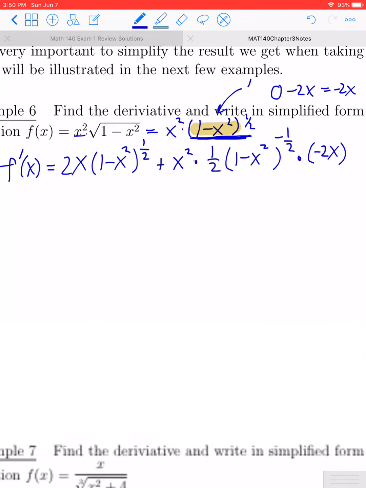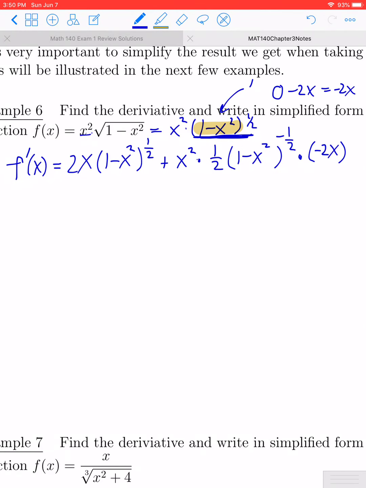So this is what we get. Now it's a matter of trying to see if we can simplify this thing. So f prime of x equals 2x times 1 minus x squared to the 1/2. Here, the 1/2's cancel.